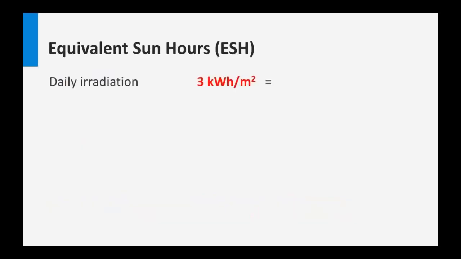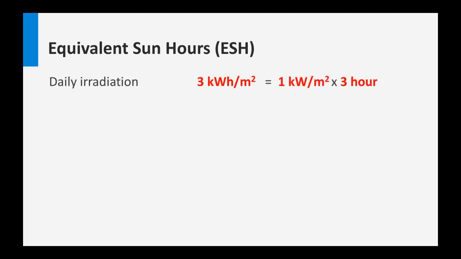There were also some discussions on equivalent sun hours. Let's consider the situation that we have a daily irradiation of 3 kilowatt hours per square meter. This means that per day we have a total energy of 3 kilowatt hours of sunlight which is incident on 1 square meter. We can also express this as power times time.